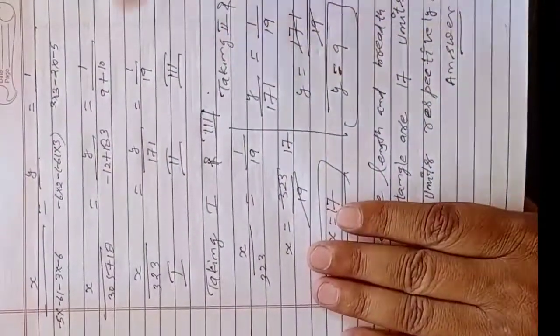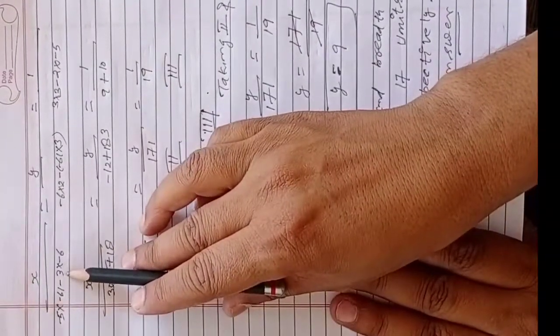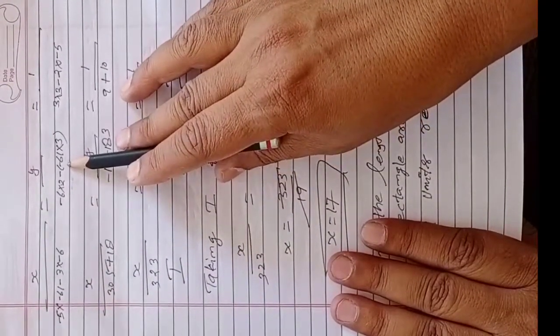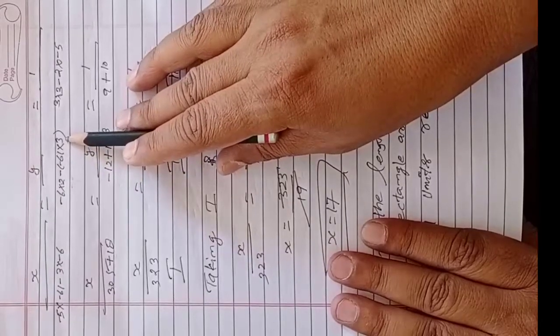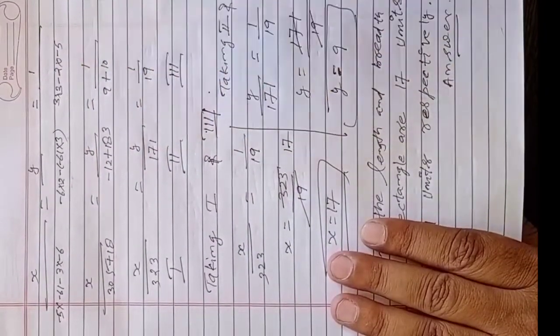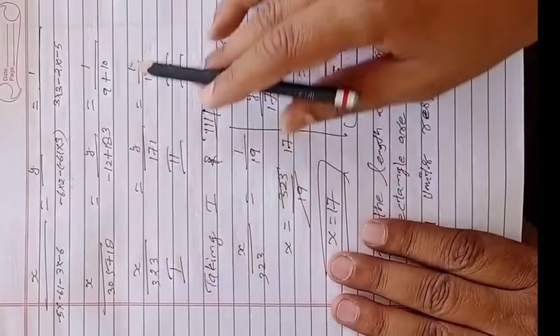Now we have x upon minus 5 into minus 61 minus 3 into minus 6, y upon minus 6 into 2 minus 61 into 3, 1 upon 3 into 3 minus 2 into minus 5, and x upon 305 plus 18.